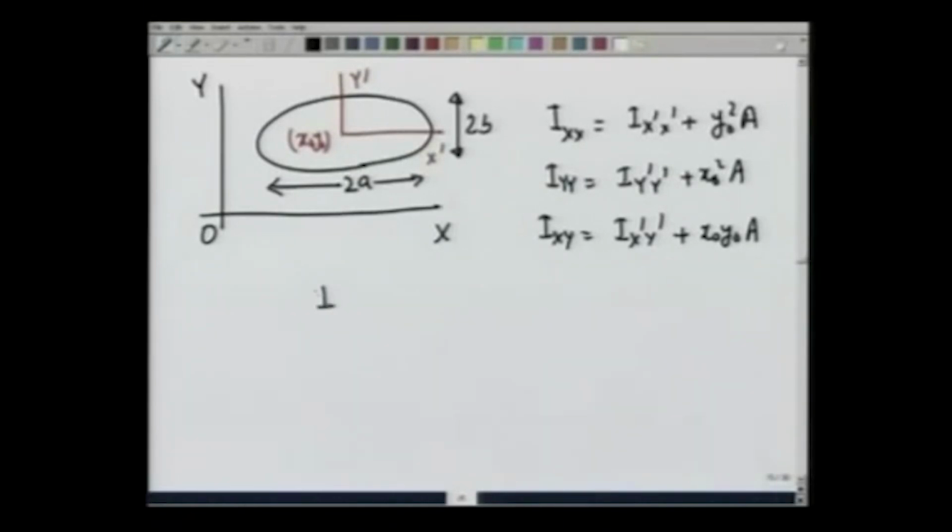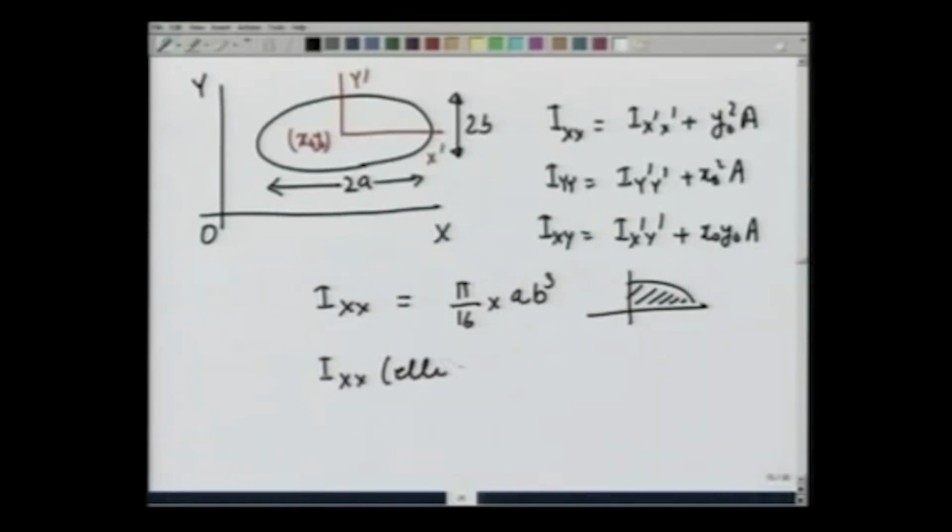Previously we have calculated I x x as pi over 16 times a b cubed for a quarter of an ellipse like this. So for the full ellipse, and this I left as an exercise for you, this is going to be 4 times as much, which is pi over 4 a b cubed.